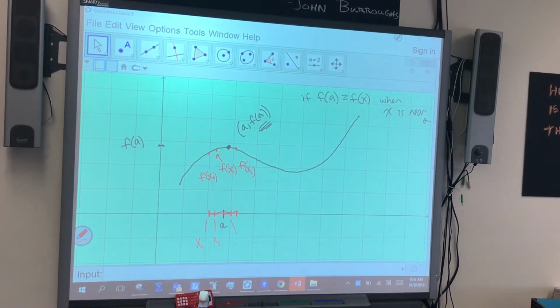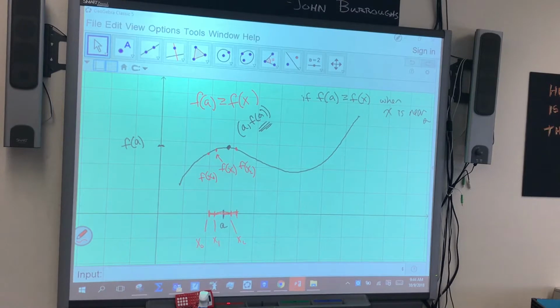So we get that idea, right? These x values are going to produce these y values, correct? Would you guys agree that f of a is greater than or equal to any of those f of x's? Yeah. So what's that tell me then? Because that y value is larger than all the other y values that are around it, it tells me that thing's a local maximum.